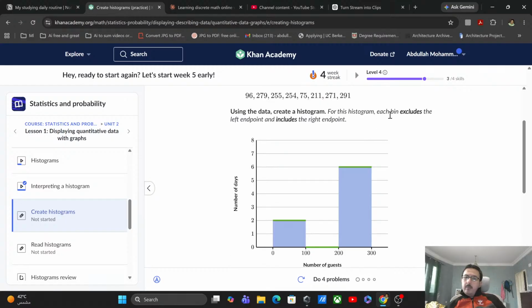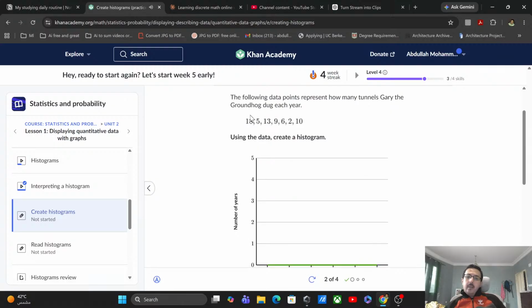This is where it gets confusing. Each bin excludes the left endpoint. It includes the right endpoint. I'd go with this.